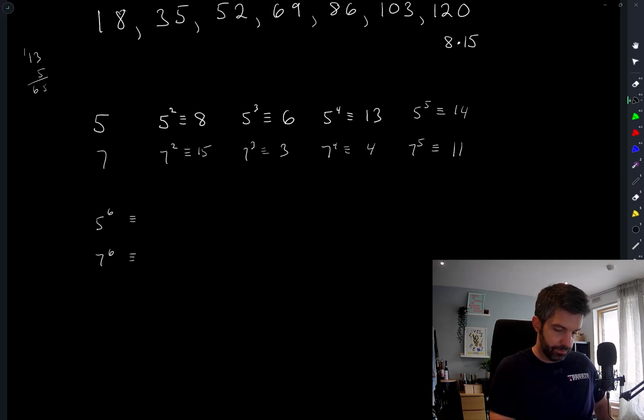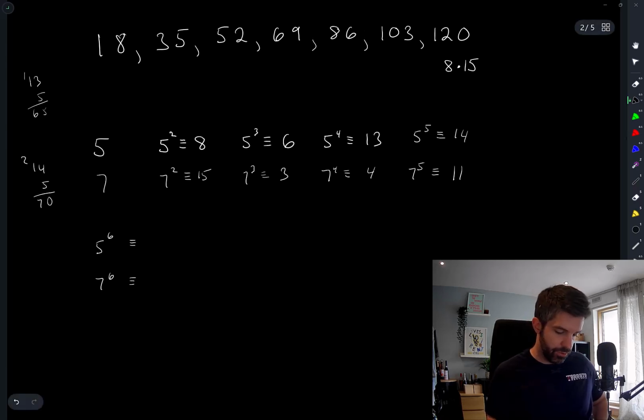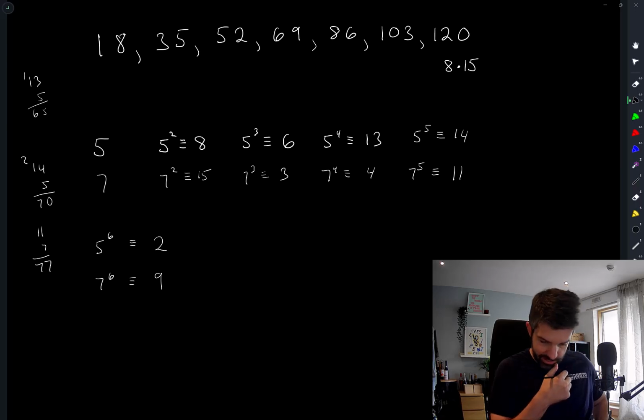5 to the 6: 14 times 5, 70. 70 mod 17 is 2. So that means I've already found the pair for 2. That's got to be 9, but let's just make sure. 7 to the 6: 11 times 7, 77 mod 17.